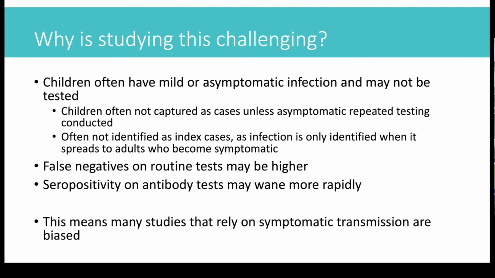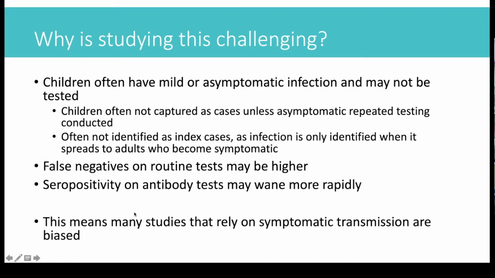And this means that children are often not identified as index cases, and often infection is only picked up, for example, even in schools or households, when an adult like a teacher or a staff member or someone at home got infected. So often children were not tagged as being intermediates of transmission early on.